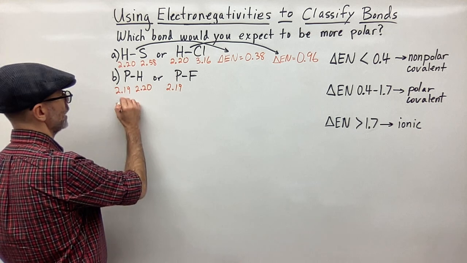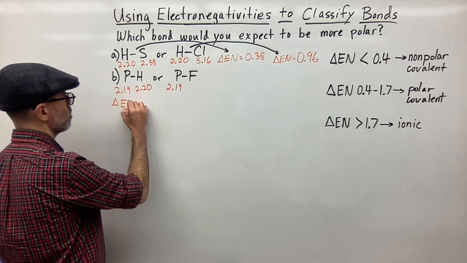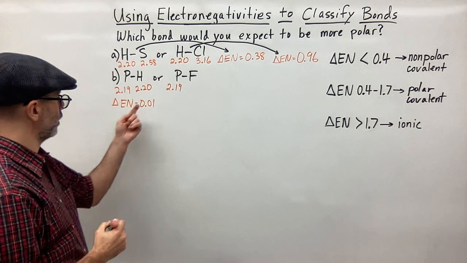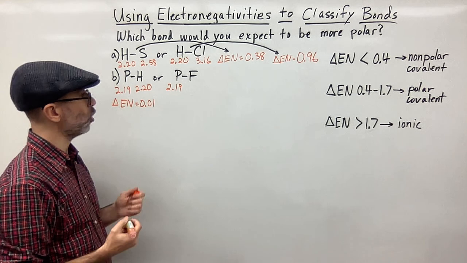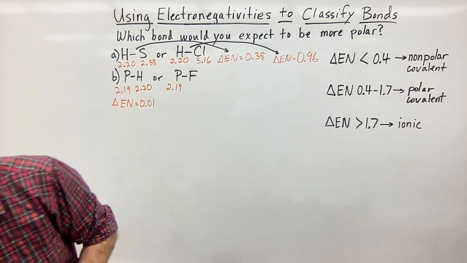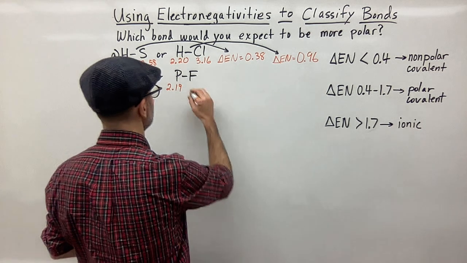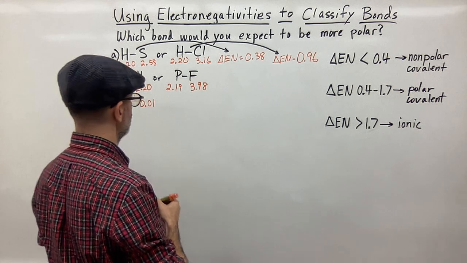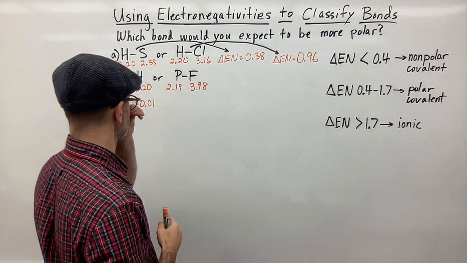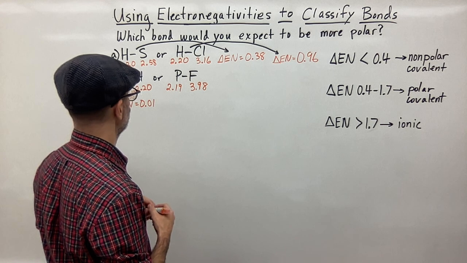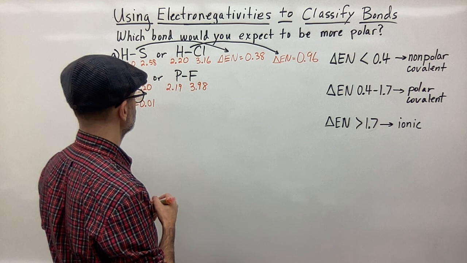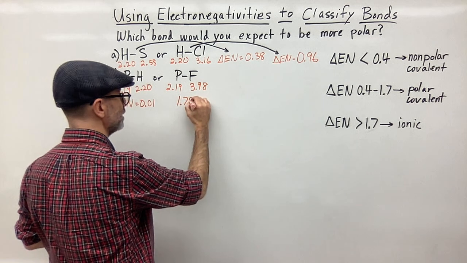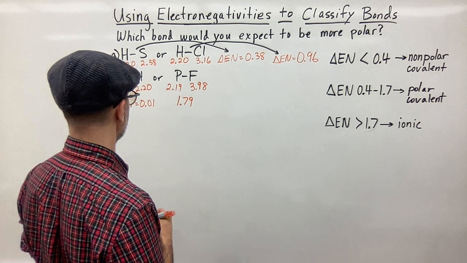So the electronegativity difference here is equal to 0.01. So very small electronegativity difference. Fluorine has 3.98, so that's a much larger electronegativity difference. That's going to be about 1.79, if I calculated that correctly.